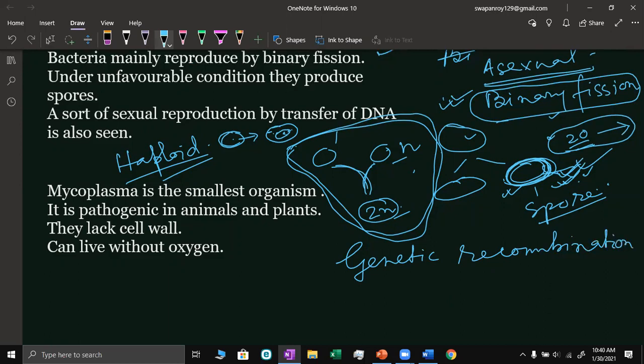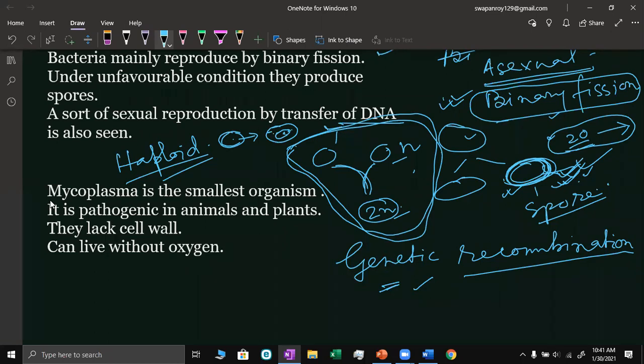This genetic recombination, new genetic combination, is also the basic point of sexual reproduction. That's why this transfer of DNA is called a primitive type of sexual reproduction. This is also seen in bacteria, and it takes place by transformation and conjugation, as well as transduction. In bacterial reproduction we will learn those things.